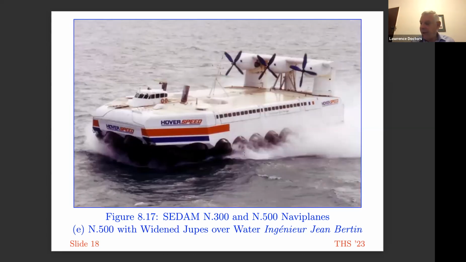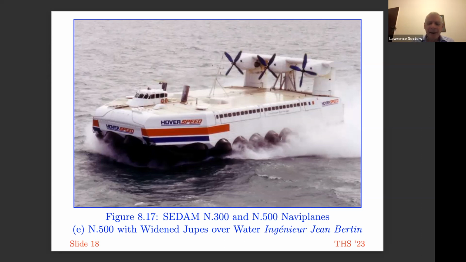The N500 had a number of problems. I understand operational problems. But ignoring them and just looking at the skirt, one can see that the jupes have changed form from the previous slide, and they seem to have put a bulge into them. This would have the interesting effect of slightly increasing the perimeter.